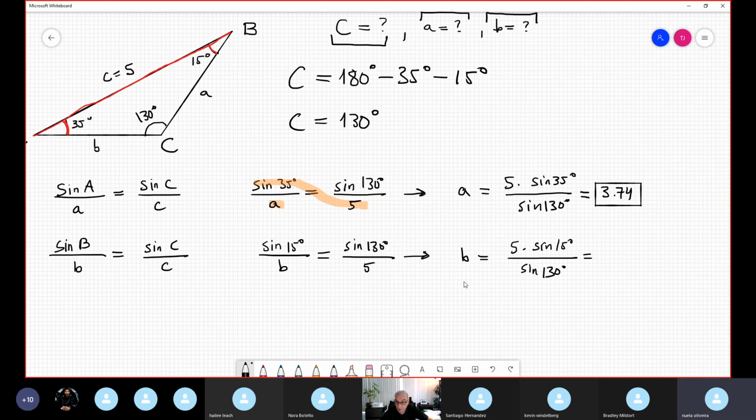Okay. Is that right? Well, let me check it. 5 times, again. See, I have a different answer in my paper. No, I'm checking now. Sine 15 degree divided by sine 130 degree. It presented 1.69. Yes, Professor, you're right.